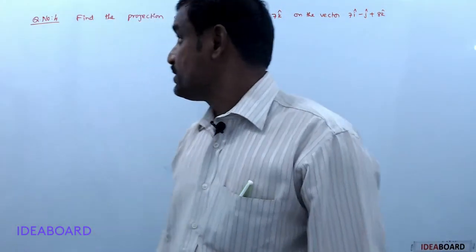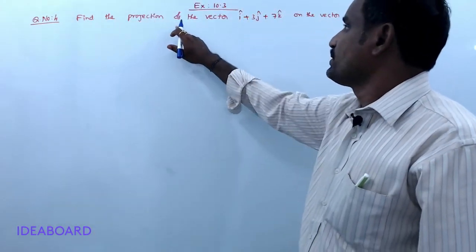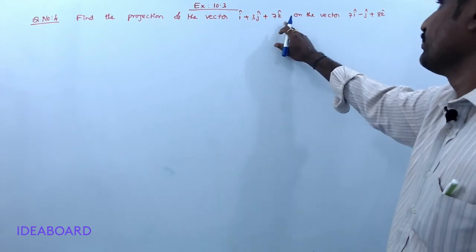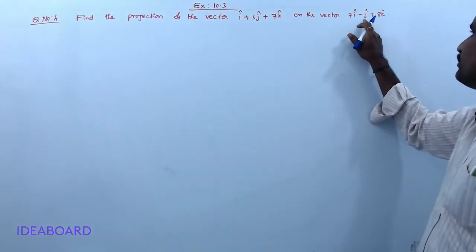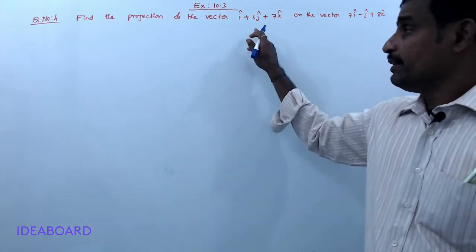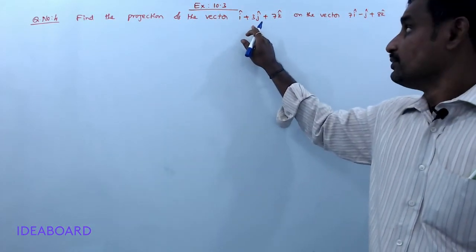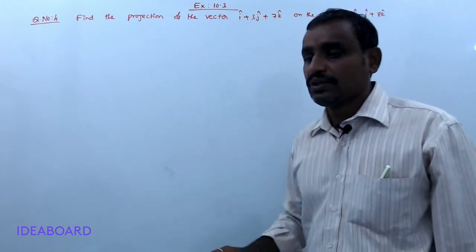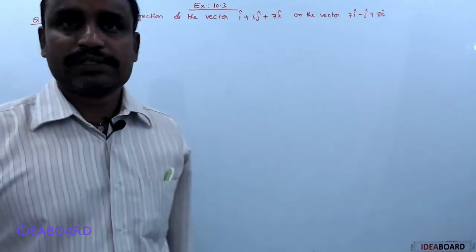Now question number 4. Find the projection of the vector i cap plus 3j cap plus 7k cap on the vector 7i cap minus j cap plus 8k cap. In the previous question also, similar model question, this is also the same model. So like the previous question, we will solve this question also.